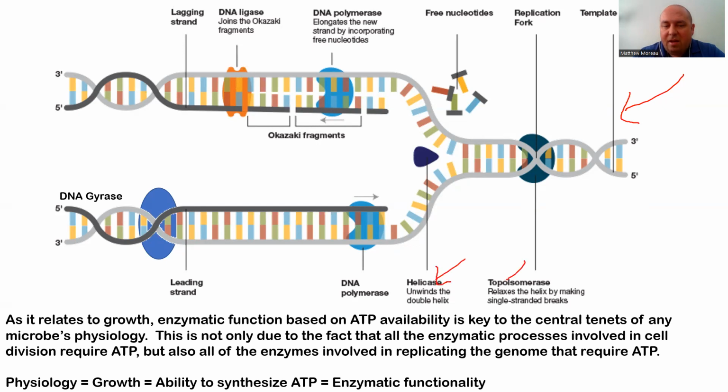You have helicases, topoisomerases, gyrases, DNA ligases, polymerases, and of course the ability to make or find free nucleotides in order to keep generating new strands of DNA for replication. The same thing is true for RNA transcription. We have polymerases, gyrases, helicases, topoisomerases, and we need more free nucleotides in order to make the mRNA transcript that we're making.